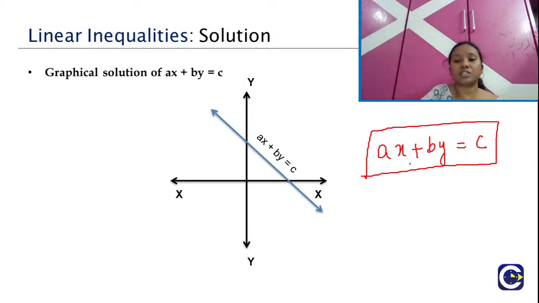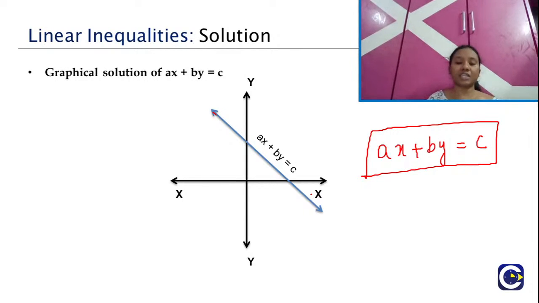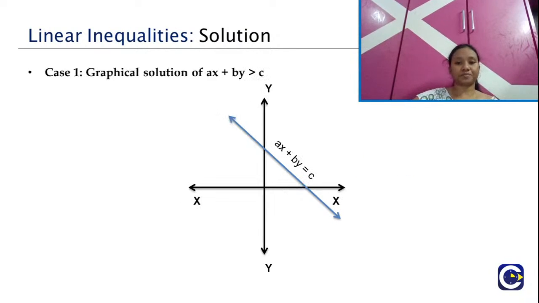So here I have considered our equation ax plus by is equal to c. If I plot the graph, it will look something like this. This is my line of the equation ax plus by is equal to c. The solutions, the points of this entire line, will lie exactly on this line. Yes or no? Now let's see the inequality part.